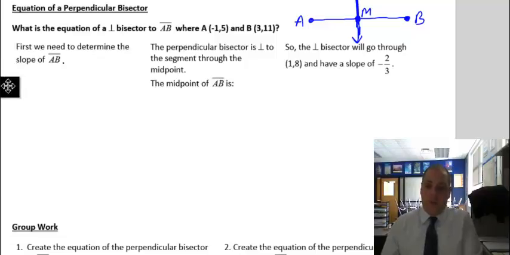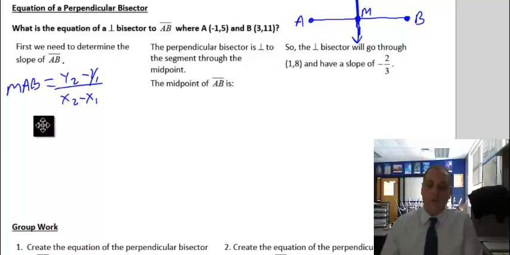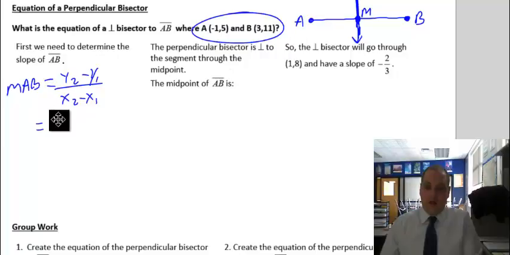So I need the slope of AB: y2 minus y1 over x2 minus x1. That's 11 minus 5 over 3 minus negative 1.